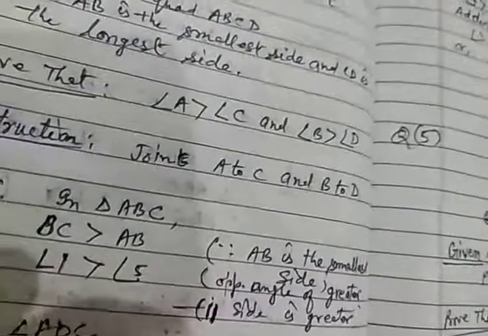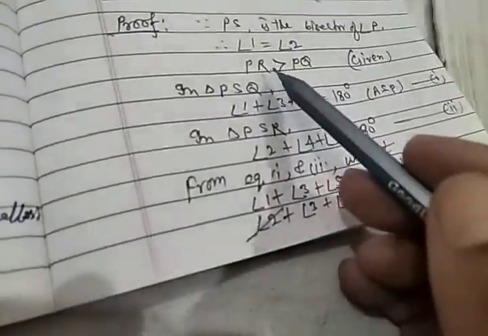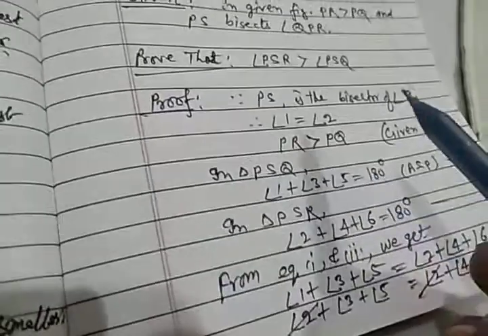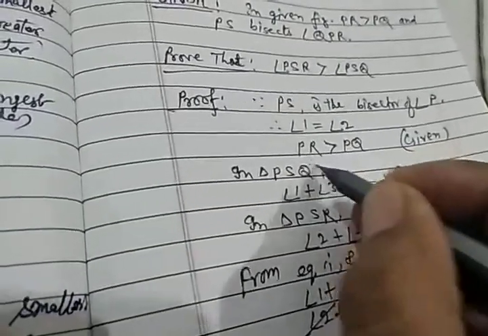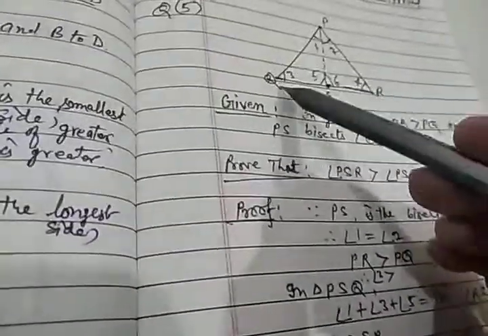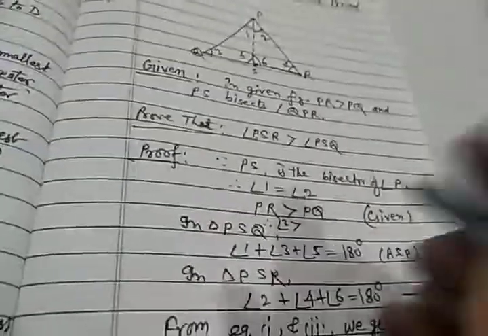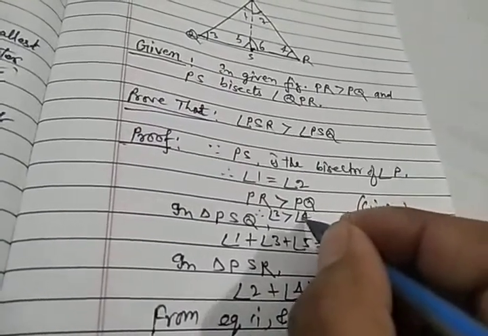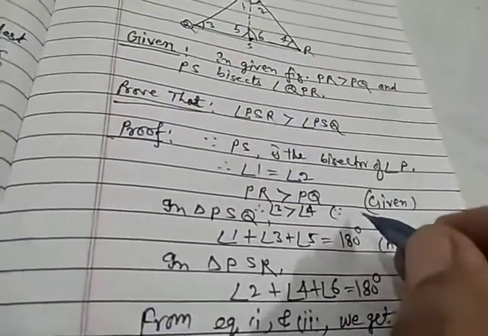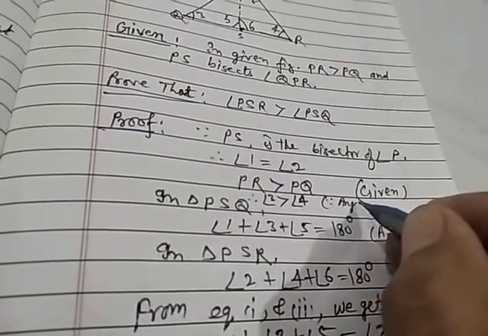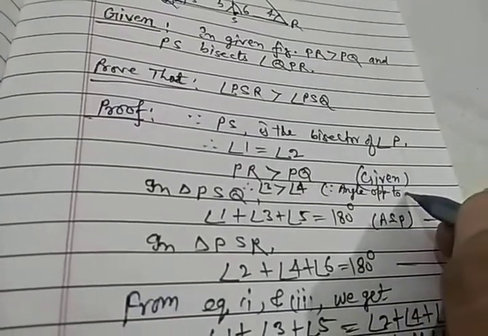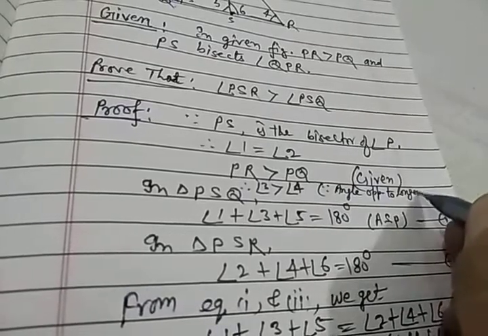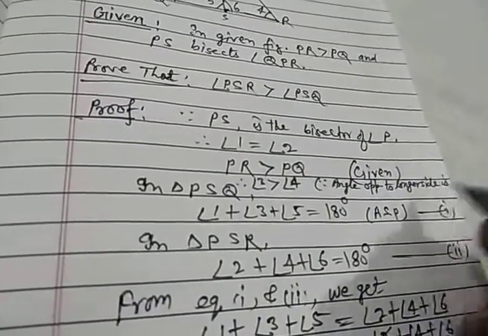But we have given PR greater than PQ. The opposite angle of PR is angle 3. Therefore, angle 3 is greater than the opposite angle of PQ, angle 4, since the angle opposite to the longer side is greater.